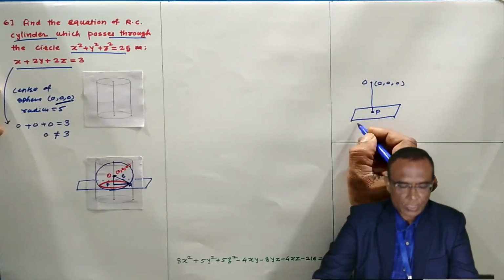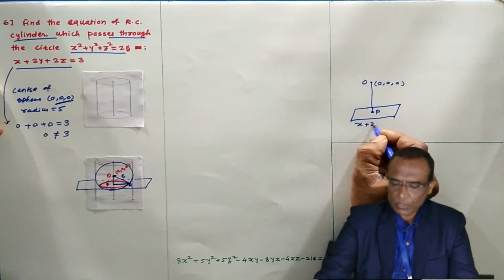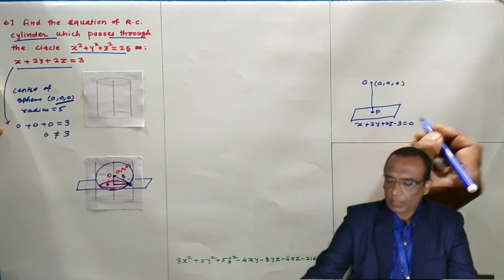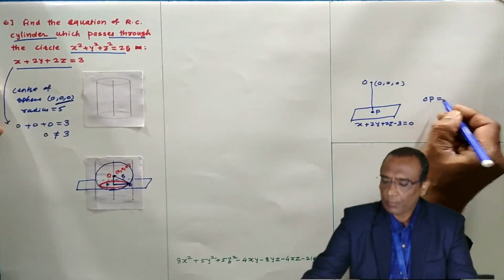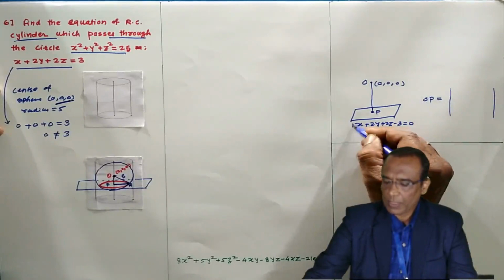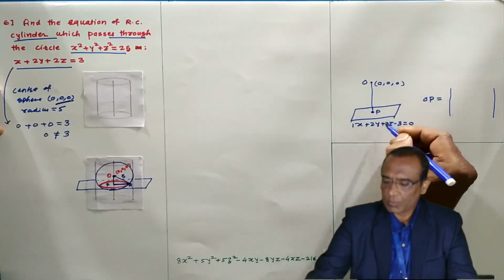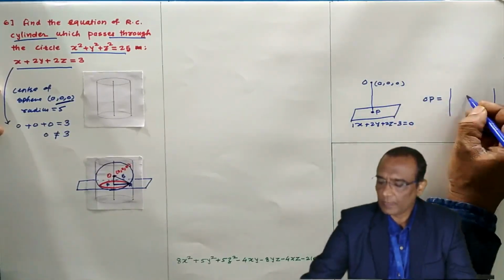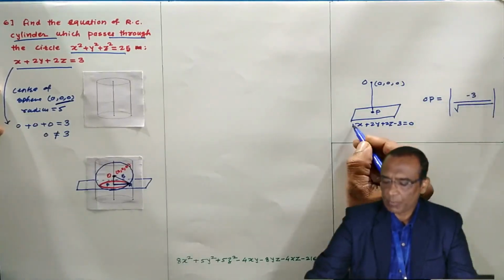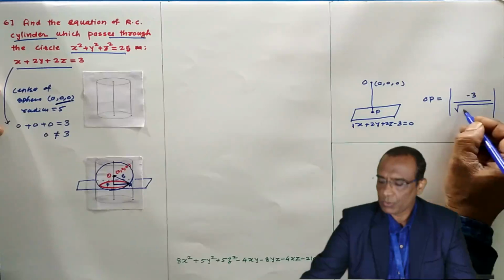The equation of this plane is given to you: x plus 2y plus 2z minus 3 equal to 0. Then OP, how do you find it? OP is the mod of this multiplied by this, and this one divided by the square root of a square plus b square plus c square, that is 1 square plus 2 square plus 2 square.